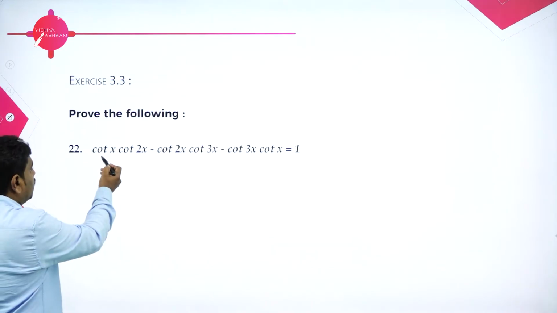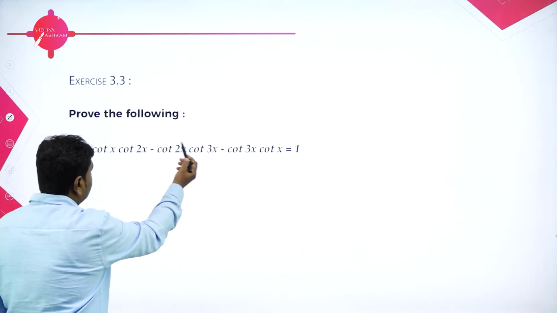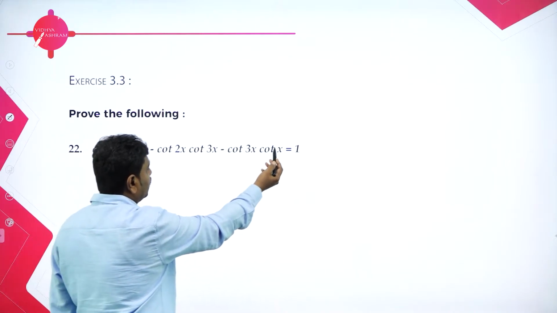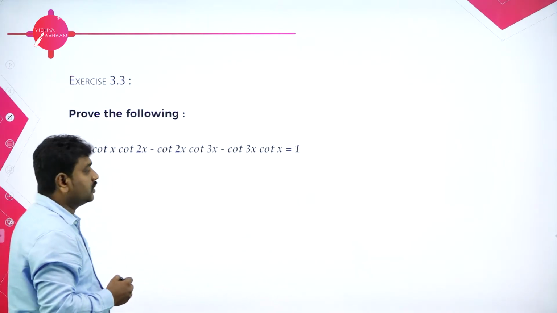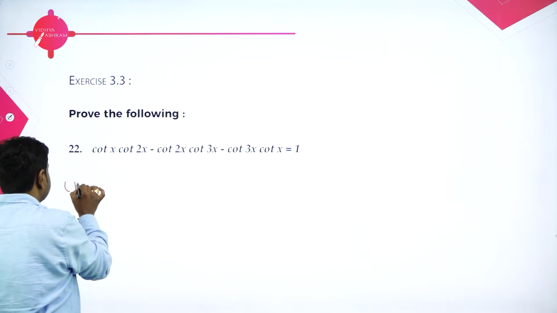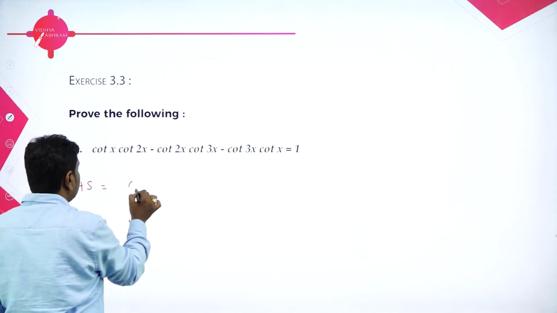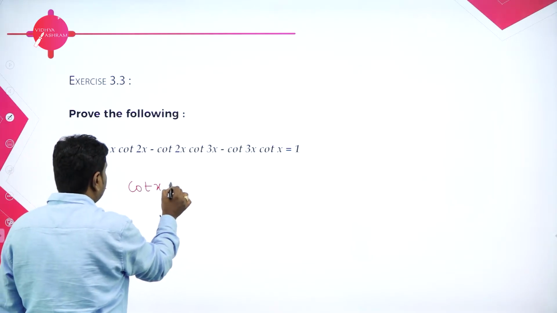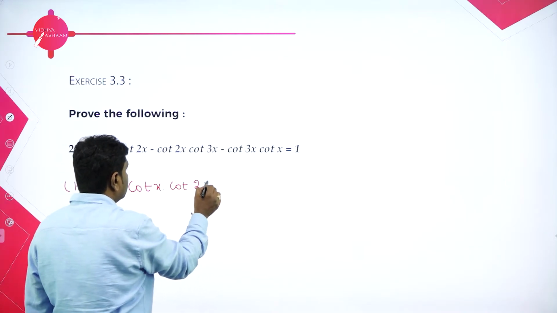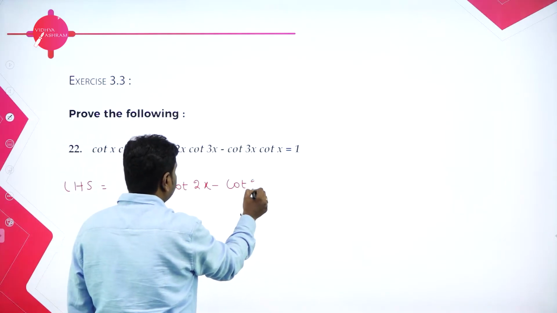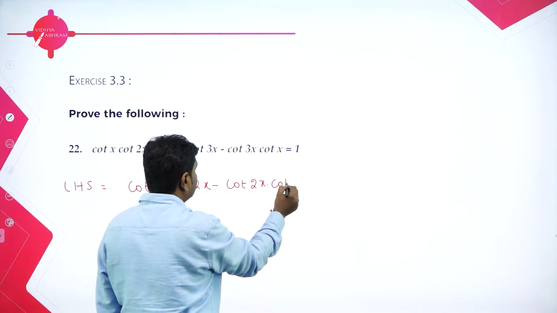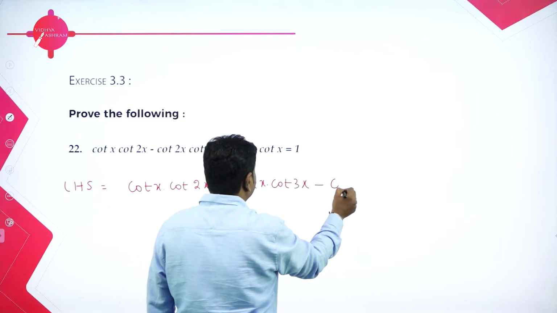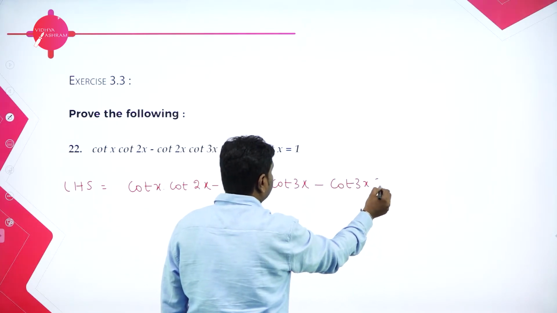Next, cot x into cot 2x minus cot 2x into cot 3x minus cot 3x into cot x, we need to prove it as 1. See here, take the LHS again: cot x into cot 2x minus cot 2x into cot 3x minus cot 3x into cot x.